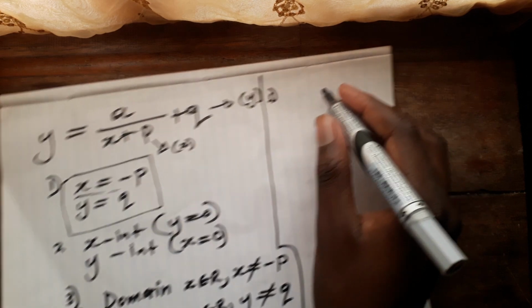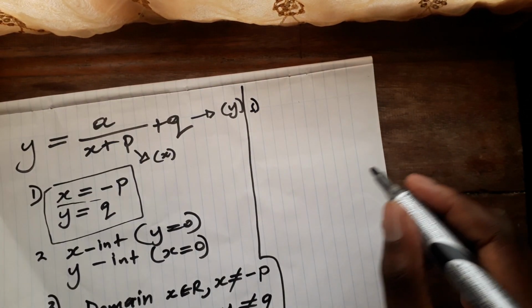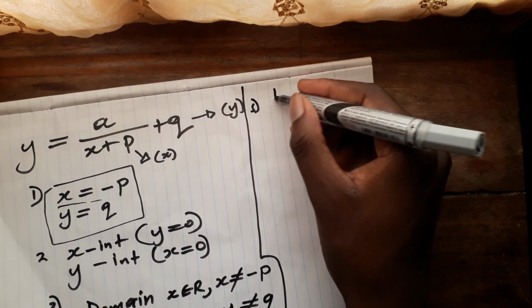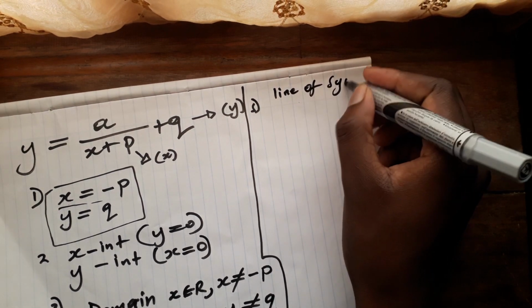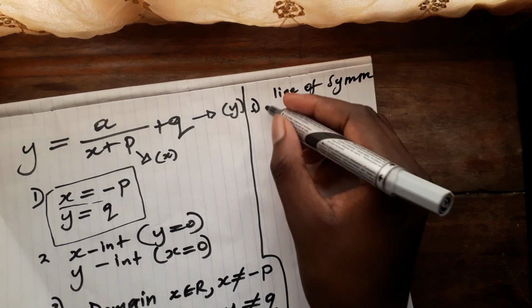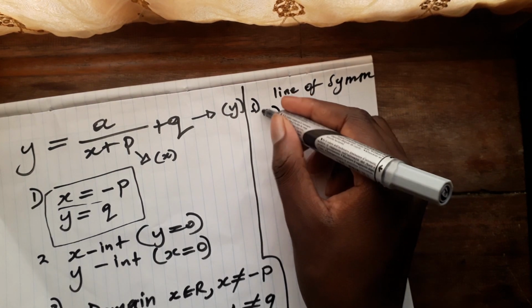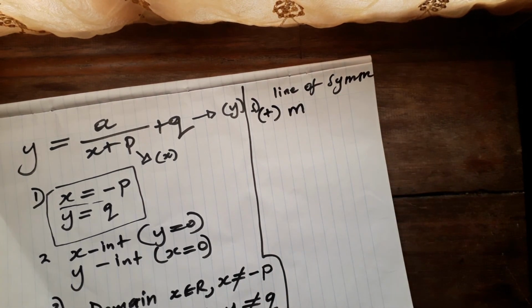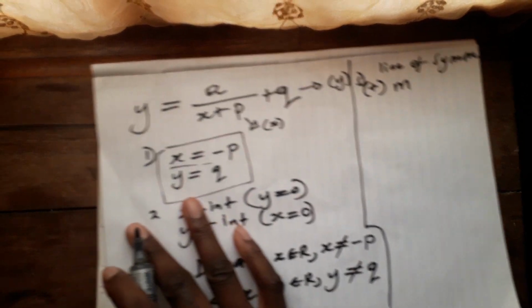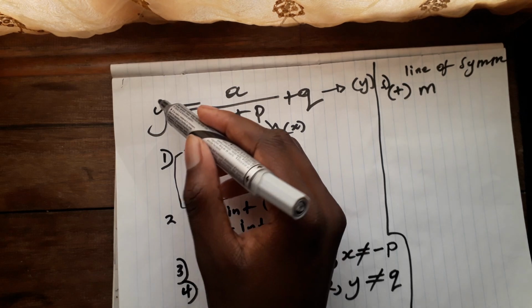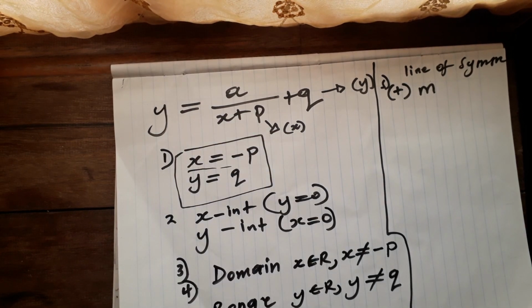We are going to write the equation of the line of symmetry with a positive gradient, positive value of m. Line of symmetry, you take it like this.